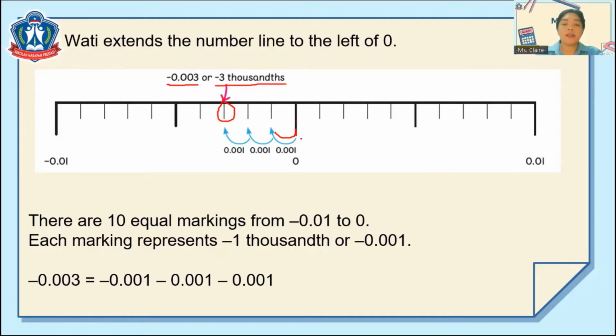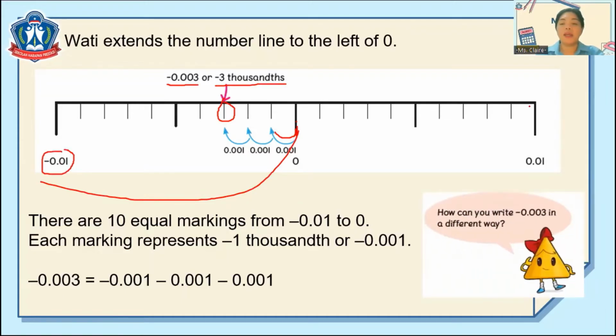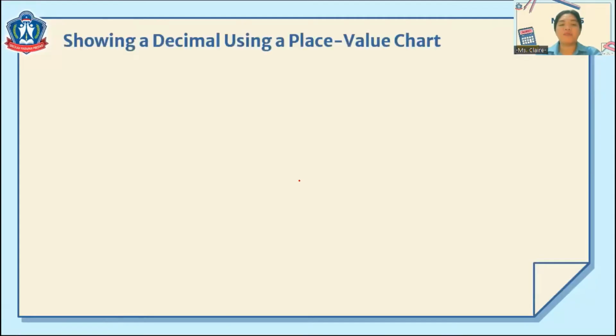Again, there are 10 markings from 0 here until negative 0.001. So how can you write negative 0.003 in a different way? Can you try?